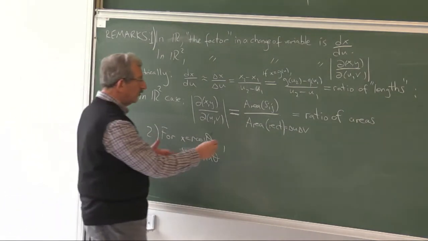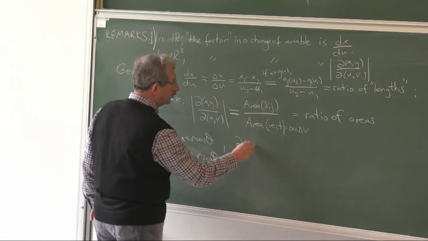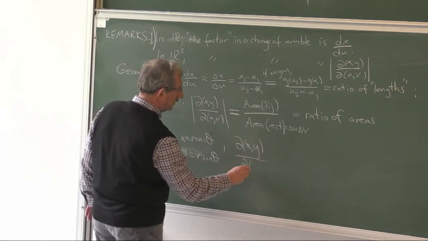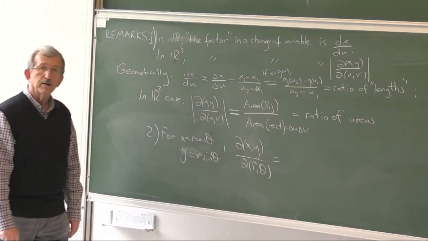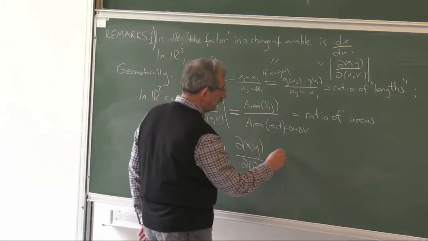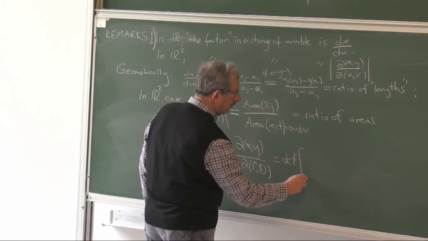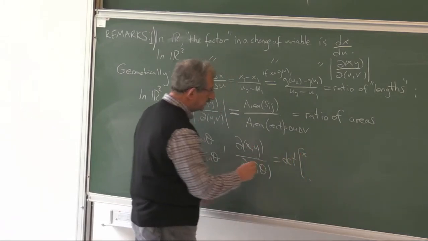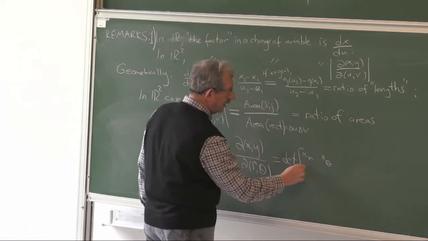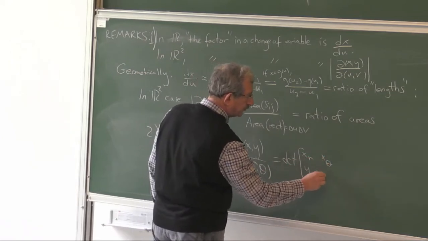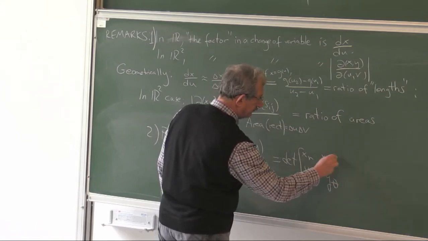Let us see what this ∂(x,y)/∂(r,θ) becomes. Remember, it was the determinant of x with respect to the first and then the second variable, y with respect to the first and the second variable.